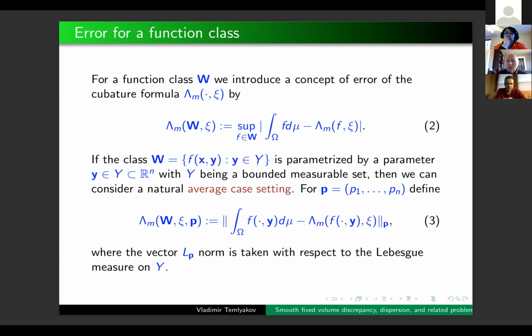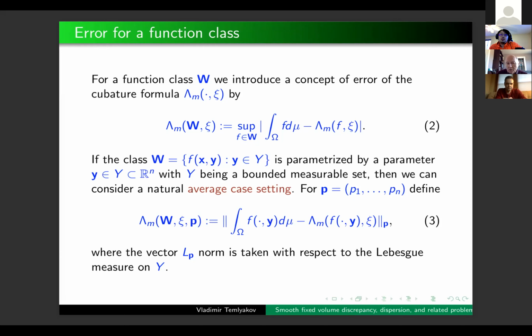On this set we can introduce a measure. If you have that, then the supremum could be seen, roughly speaking, as the L infinity norm with respect to that measure on this set. But if this quantity depends on the parameter y, then we can consider other norms too.